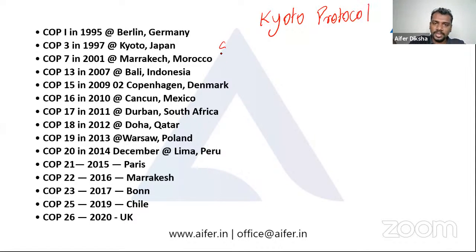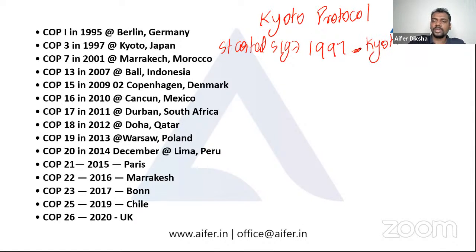Kyoto Protocol started the signing process, or it was originated, not came into force, at the 1997 Kyoto Summit. Then in 2001, at Marrakesh, the details were decided.